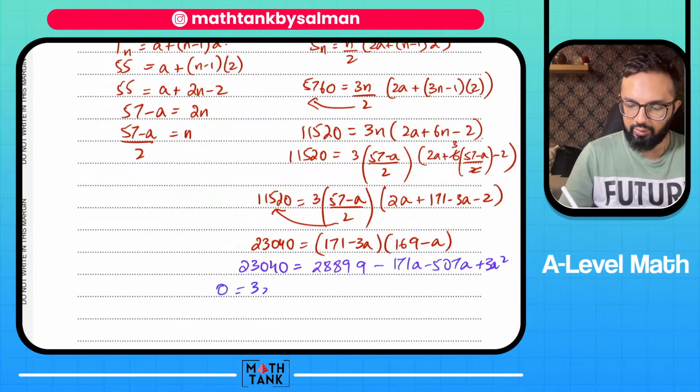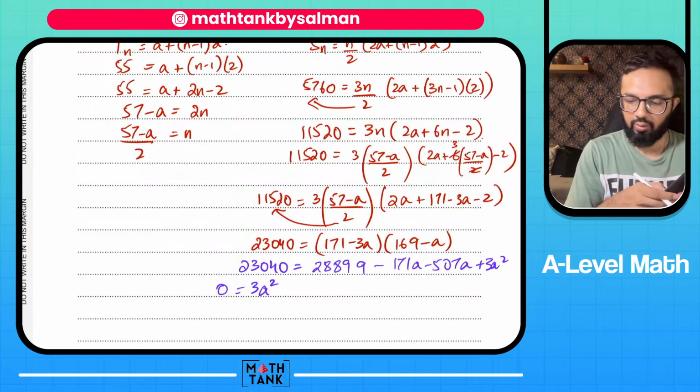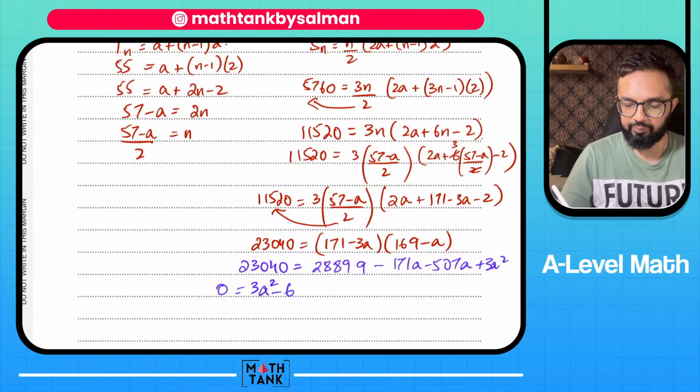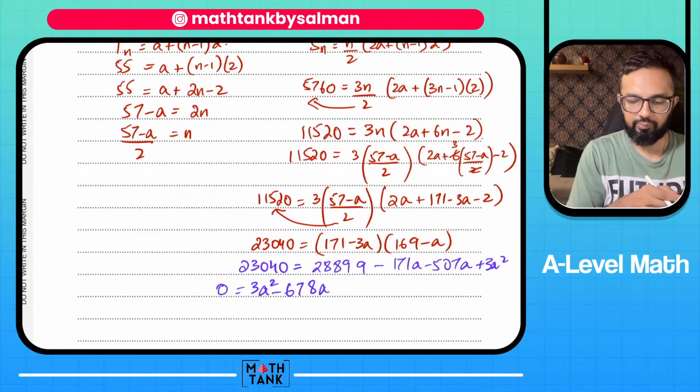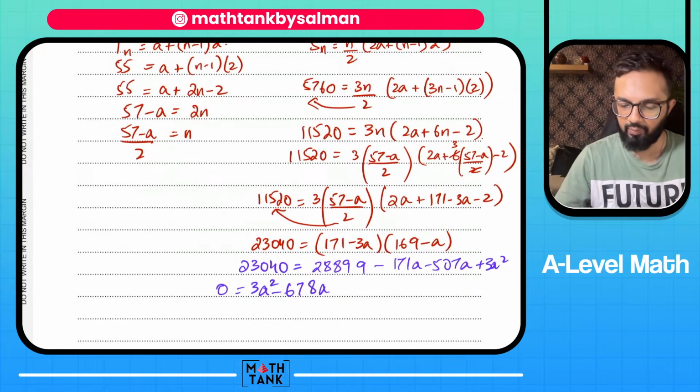Okay, 3a squared, 678, 5859. Very complicated numbers.